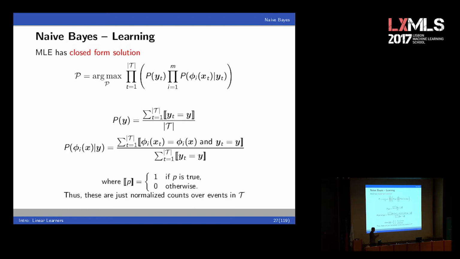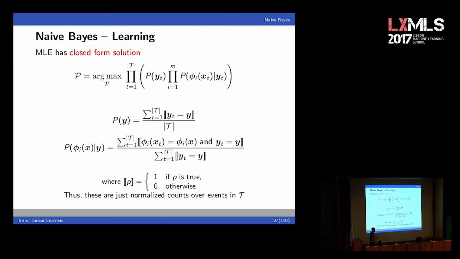So in the end, we end up with an estimate that doesn't need to optimize any parameters that we can't get from counts from the training data. And this is only possible since we have this independence assumption.